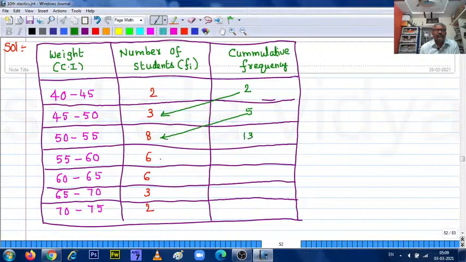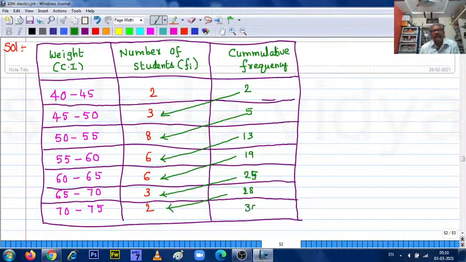Sorry, 13 plus 6 is 19. 19 plus 6 is 25. 25 plus 3 is 28, and 28 plus 2 is 30.